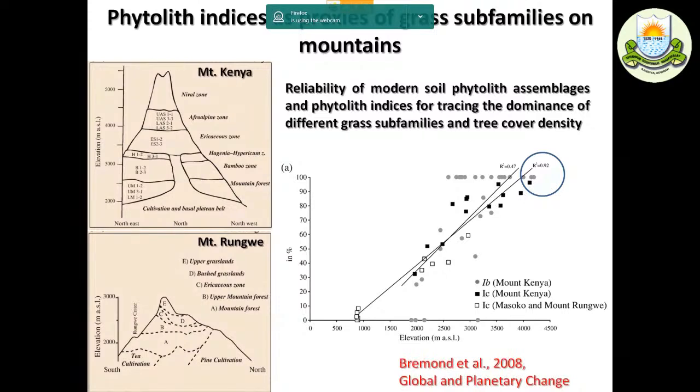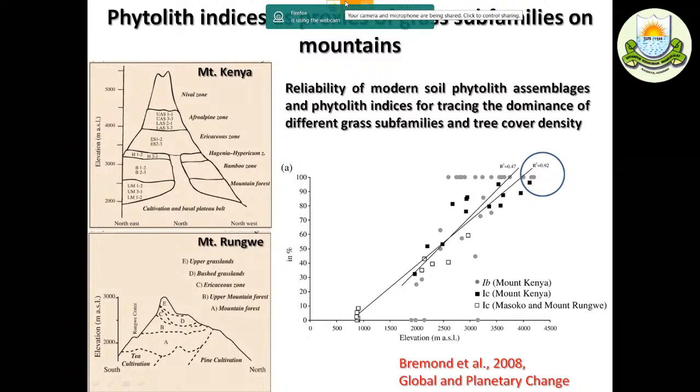But before going into details of our work, we should first describe where we got the idea to proceed further. In 2008, this paper was published by Bremond et al.